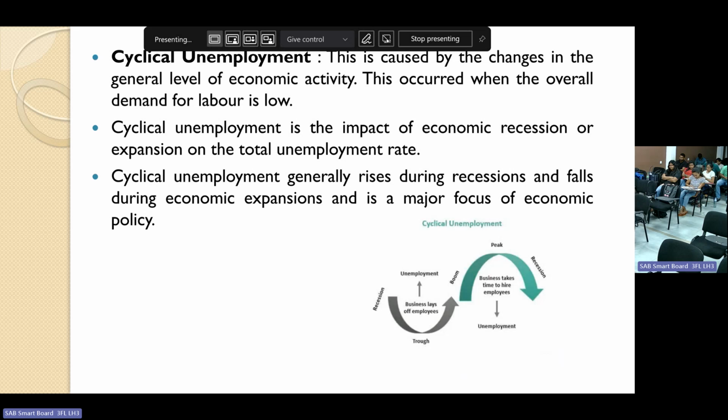For example, in a recession, a downturn in economic activities may lead to unemployment, and that can be settled in an expansion. When there is lower aggregate demand, cyclical unemployment increases. So that is associated with the business cycle.